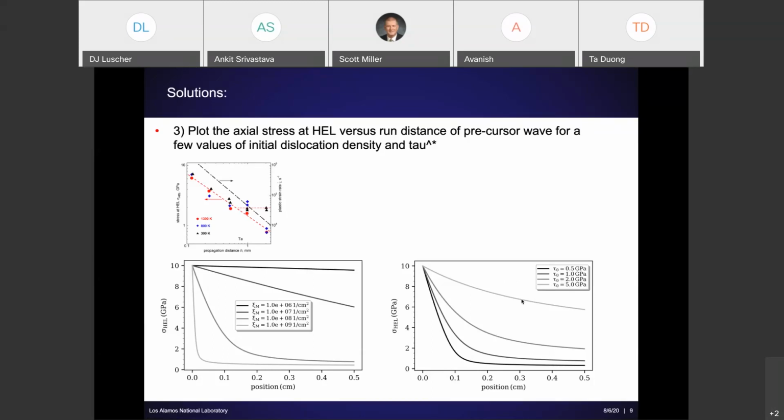And so that's telling us that there's a relationship both between the mobile dislocation density and the drag stress associated with viscoplastic slip in defining the viscous behavior of how that elastic precursor wave is dissipated or decays with position.